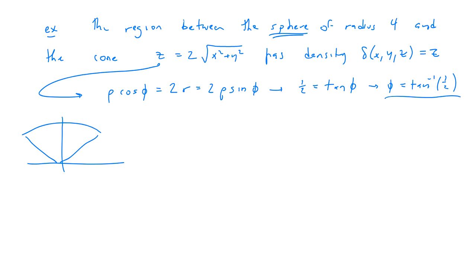Yeah, cones are nice in spherical coordinates. So from the front or the side or whatever looking at, so for pretty much any side, if I look at it, it's going to look like that, where this is the sphere, the x squared plus y squared plus z squared is equal to, in this case, 16. And this is the phi is equal to tan inverse of 1/2.